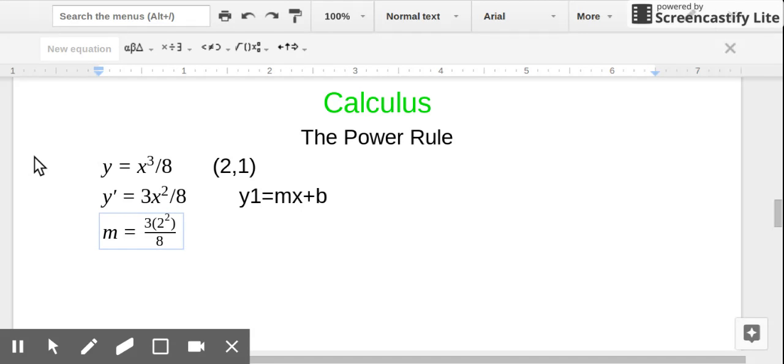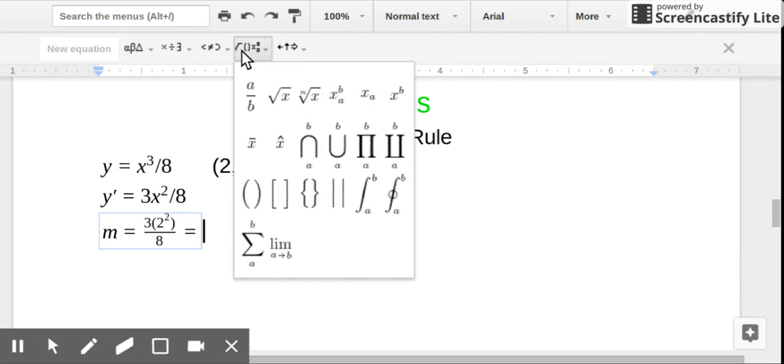Okay, so we're going to end up with, let's see, what do we got here for the slope? 2 squared is 4, and 4 goes into 8.